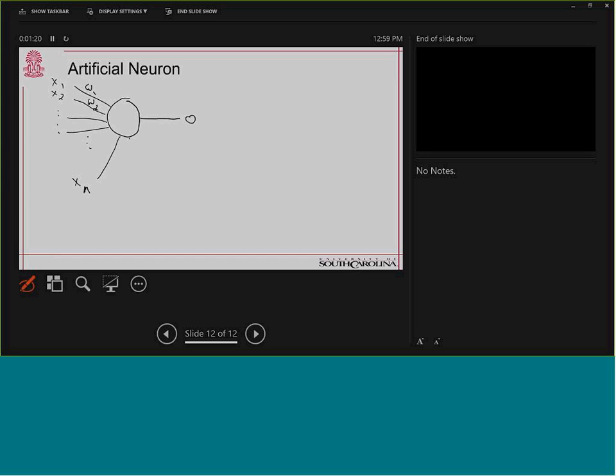The neuron also has a firing threshold. What the neuron does is apply to every one of the inputs a corresponding weight. If the weight is larger, it's more important, it's more contributing. If it is smaller, it's less.